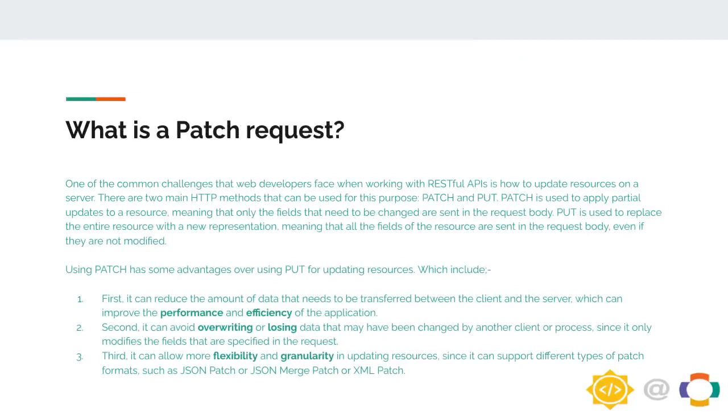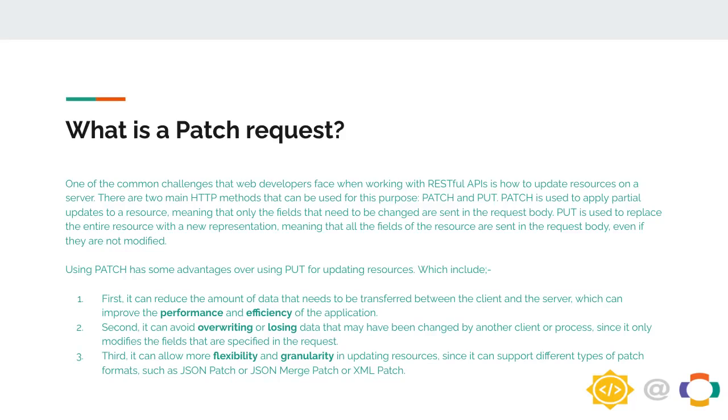What is a FHIR? What is a patch request? One of the common challenges that web developers face when working with APIs is how to update resources on a server. They are faced with two methods that they have to work with: the patch method and the put method. The put method is what we refer to as update, and patch is basically patching.